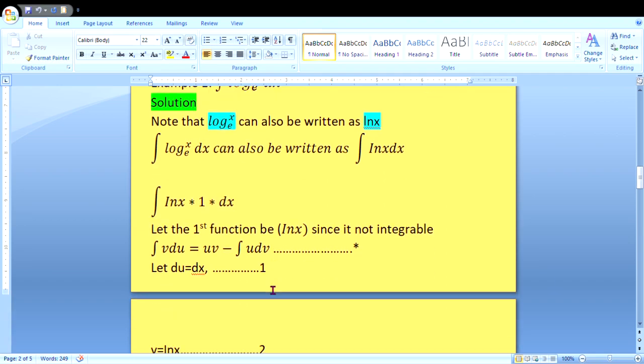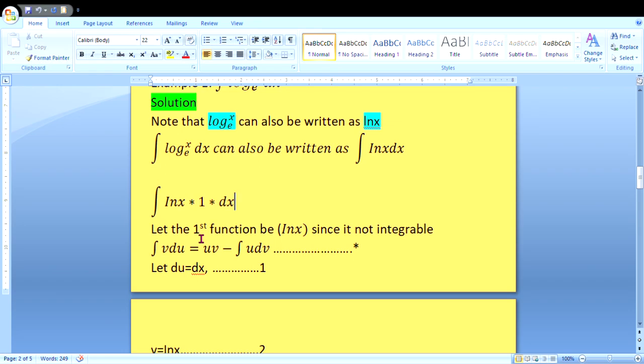This has to be done because we need to identify which of the functions will be the u and which one should be the v. Remember, the one that is v is the one that is differentiable, the one that cannot be integrated, that is, the one that is not integrable.